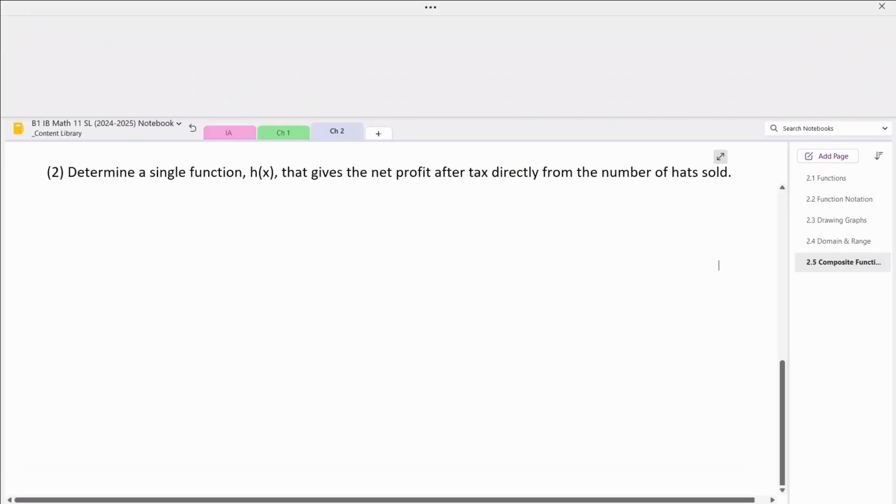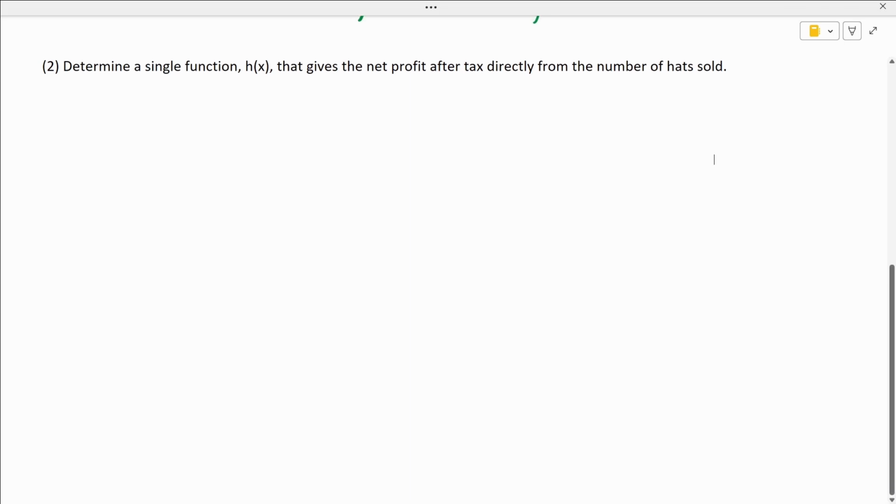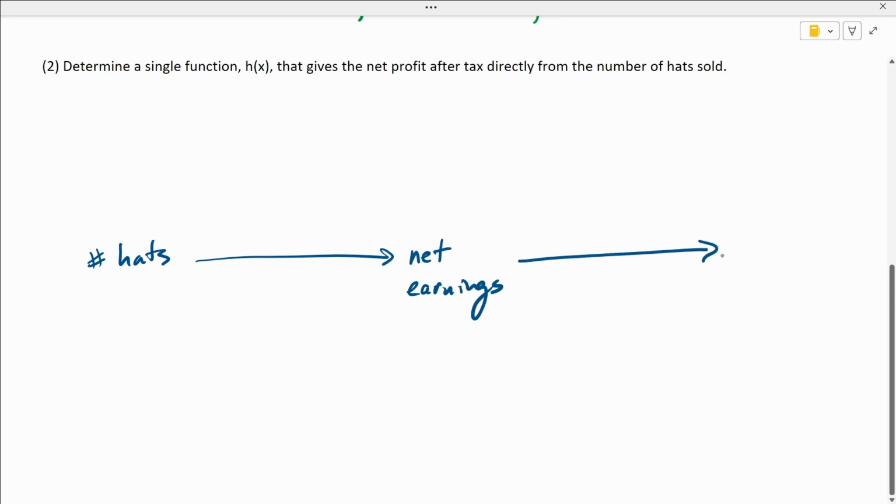And then from the net earnings, we calculate the net profit after tax. So we're basically going from number of hats to net earnings before tax, and then from there to the net profit after tax.